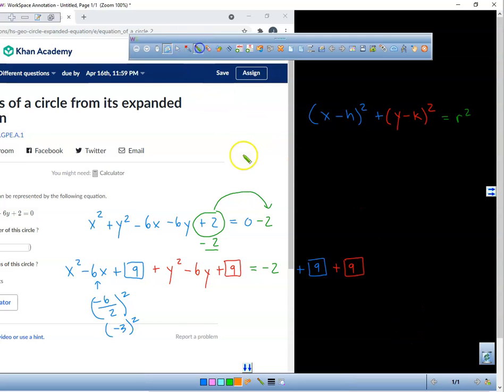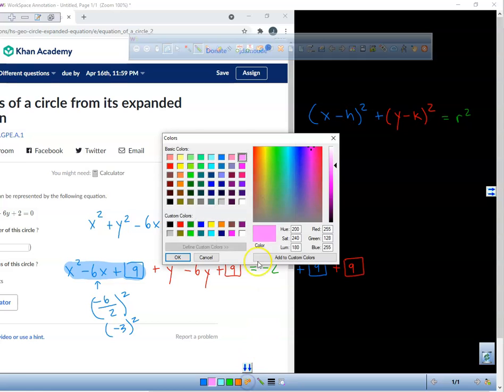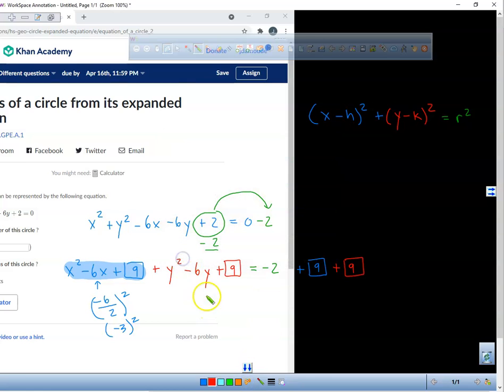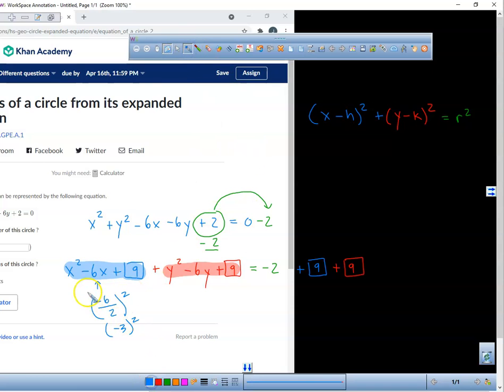Now, I'm going to highlight this part in blue, because we have to know how to factor this. We'll change that to red. We have to know how to factor this one. So what does the blue part factor to?